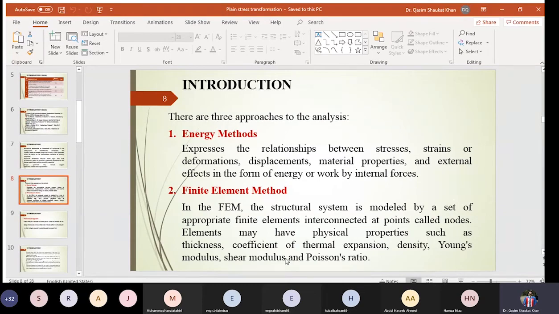So how does this finite element method work? This word finite means that I will have a beam element, and I will divide it into a finite number of smaller units. I will divide the structural element into a finite number of units.